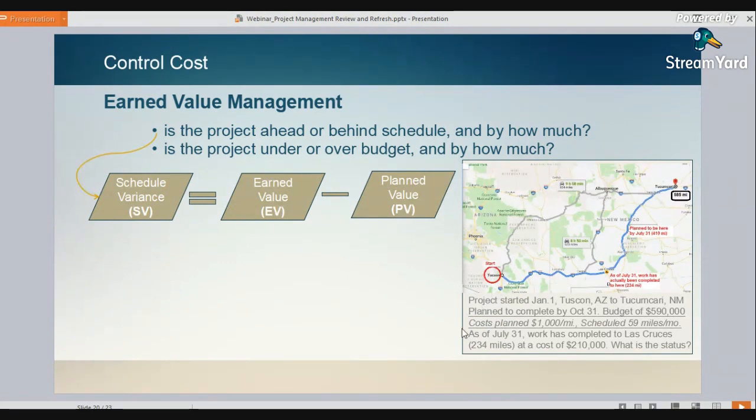On this map, we have road work. We're managing a road work project that started on January 1st, to do road work from Tucson, Arizona to Tucumcari, New Mexico. Here's our route. We planned to complete the project by October 31st.